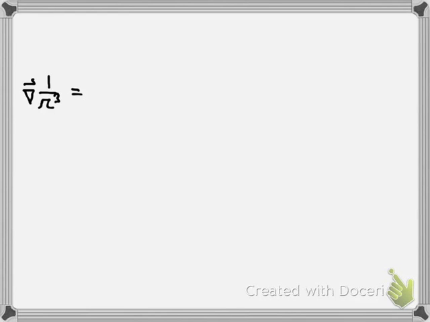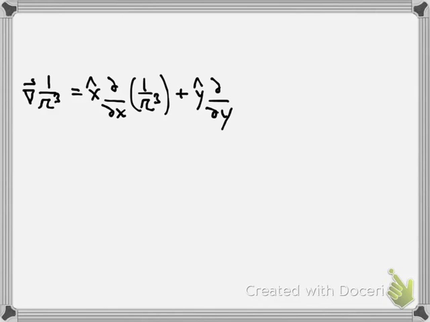It's going to equal x hat times the x derivative of 1 over script R cubed plus y hat times the y derivative of 1 over script R cubed plus z hat times the z derivative of 1 over script R cubed.